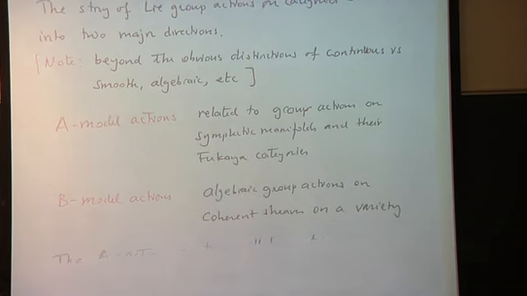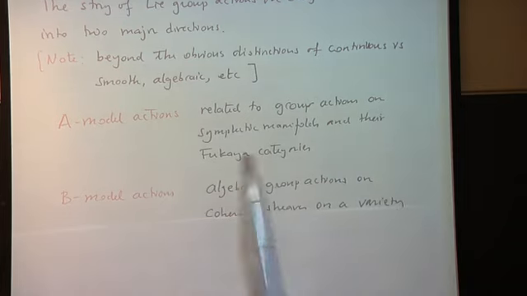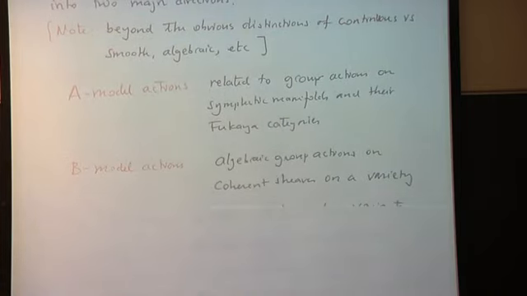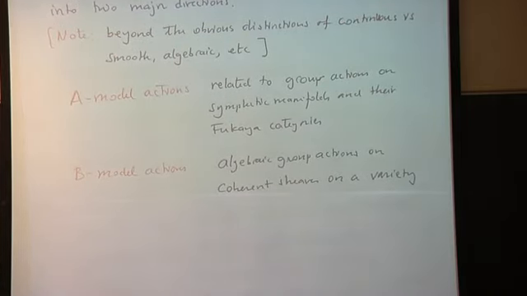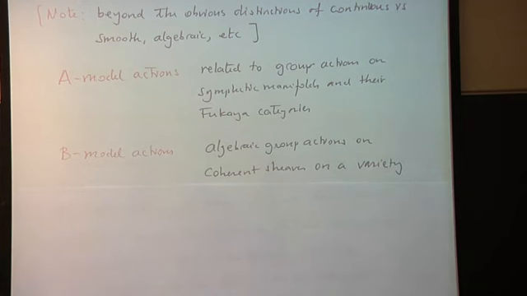So, stretching a bit, one could say that most examples are of this form. You can make up other examples algebraically. The B model actions are related to algebraic group actions on a variety and the resulting action on the category of coherent sheaves.